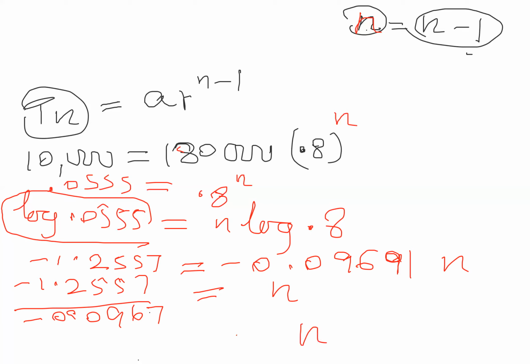N, you can check it. N equal to, minus becomes plus, no? The value is dividing 1.2557 by 0.9691.